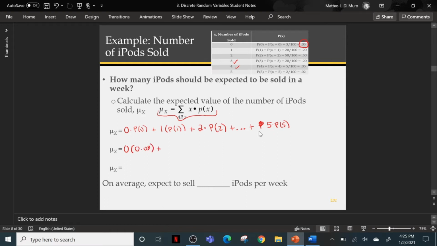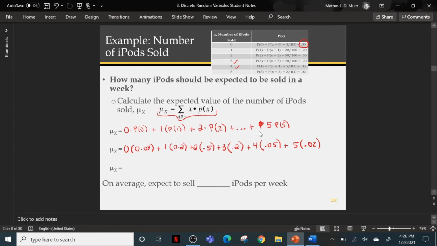Now I need to do the same thing for 1, so I'm going to go 1 times probability of 1, grab it from the table, it's 0.2, and then plus 2 times probability of selling 2 iPods, which is 0.5, plus 3 times 0.2, plus 4 times, look up the probability of 4, so that's 0.05, and then plus 5 times 0.02. So this is what I'd be expecting for work. The advantage of showing me this is I can see if you make any mistakes and deduct a very small amount of points if you happen to make a mistake.